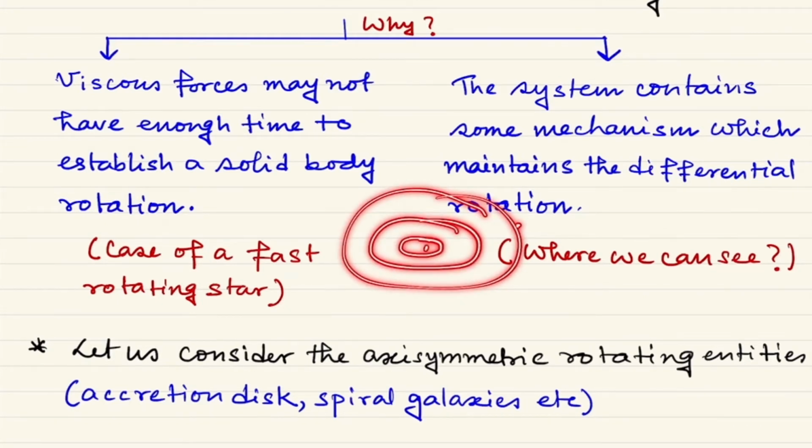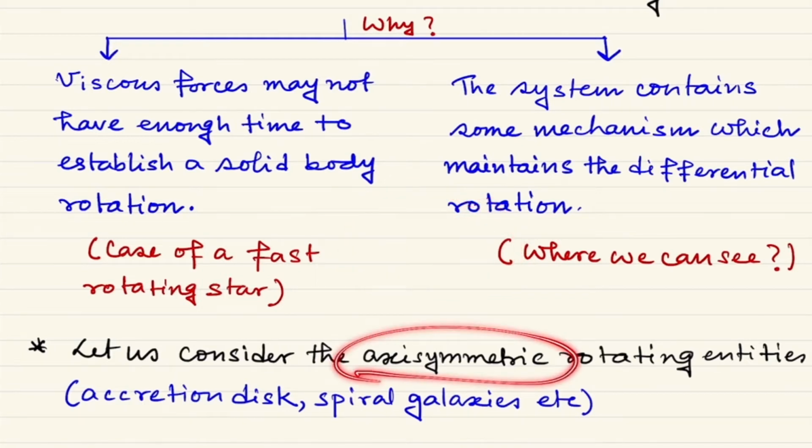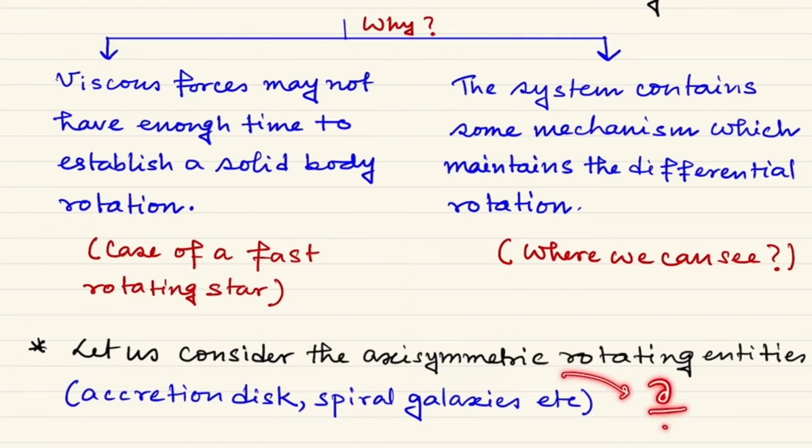But on one cylinder, the system does not depend on the choice of the azimuthal angle phi. So whenever we talk about an axisymmetric system in the cylindrical system, del phi should be equal to 0.